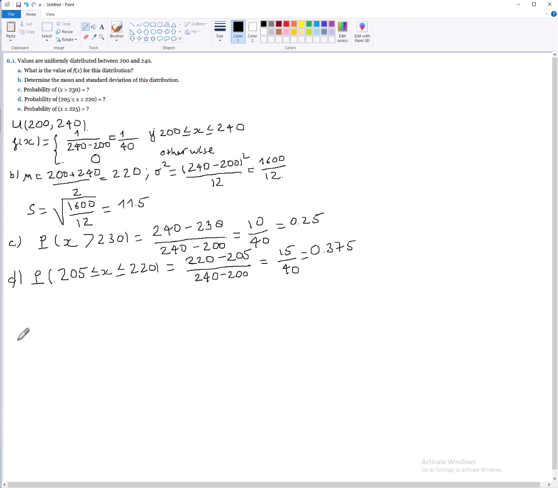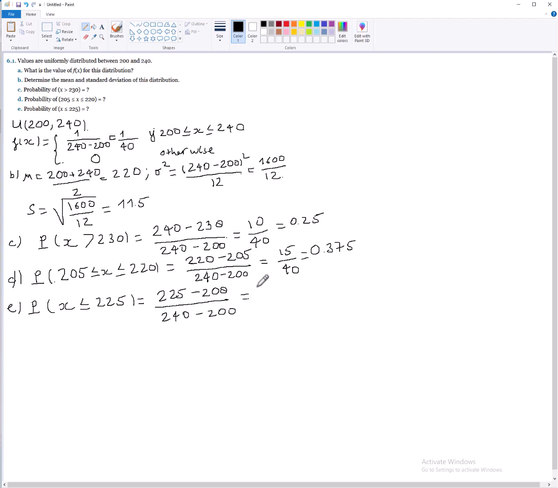And finally, let's find the probability that x is less than or equal to 225. So for this one, you take this value here, 225, minus the low limit, which is 200, and divide by b minus a, which is 240 minus 200.